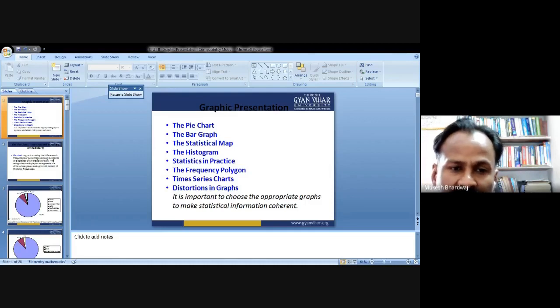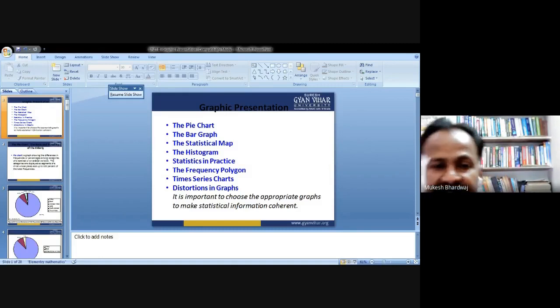So living alone: the blue color shows the males and the maroon color shows the females. These are statistical data, and they can be represented through diagrams, and this method is particularly known as the bar diagram method.